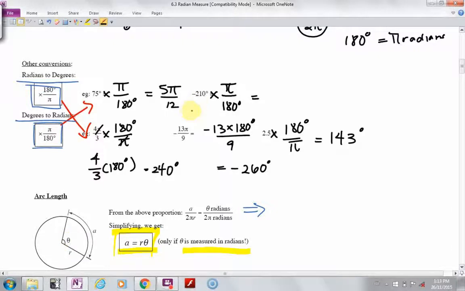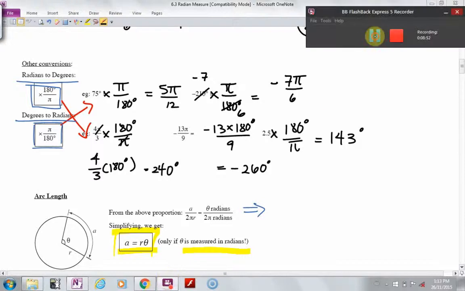Do it without a calculator. Now, that is the exact value of negative 210 degrees in radians.